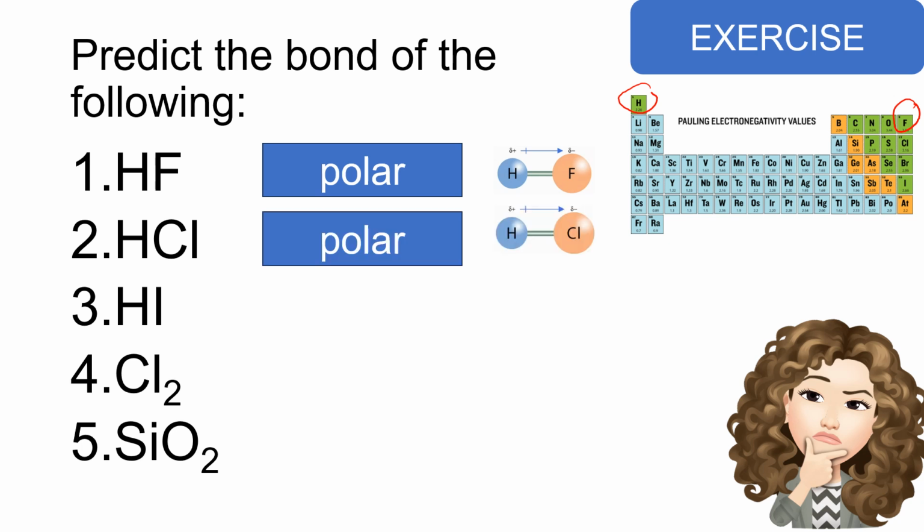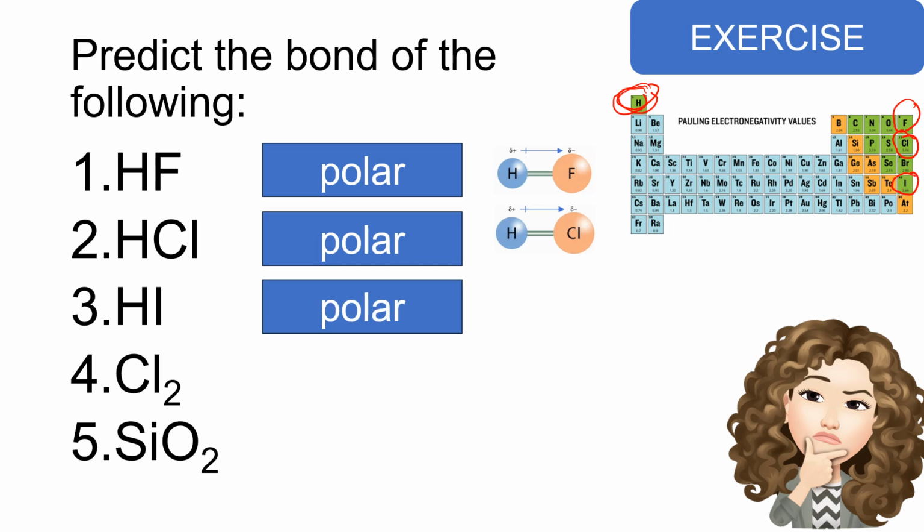Next, your hydrochloric acid. This is polar again. You have your hydrogen and then your chlorine atom. How about hydrogen iodide? For hydrogen iodide, you have your hydrogen there and your iodine atom there. So that is similar. That's a polar molecule, polar bond.